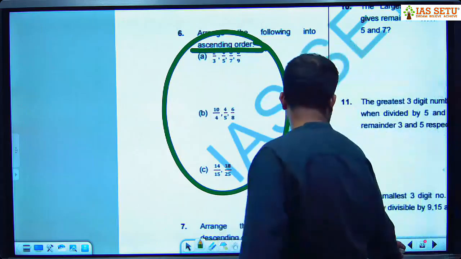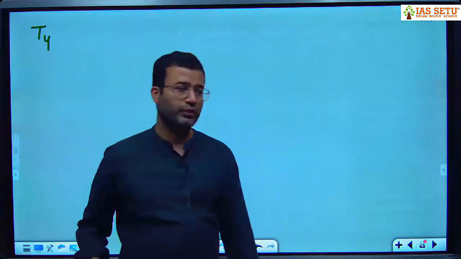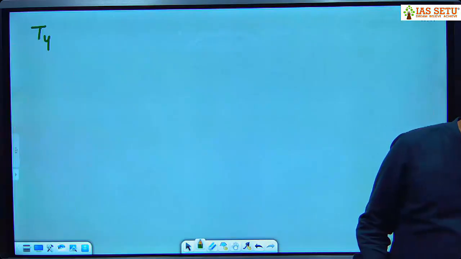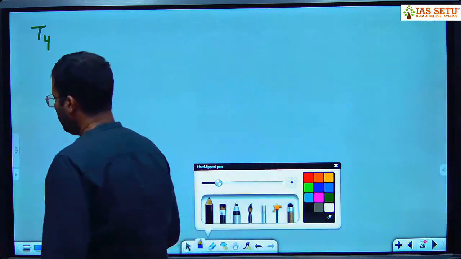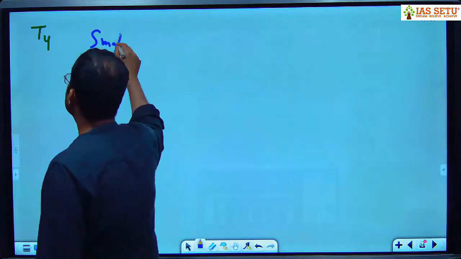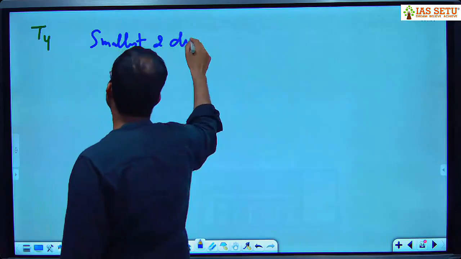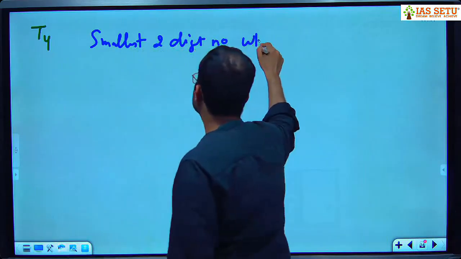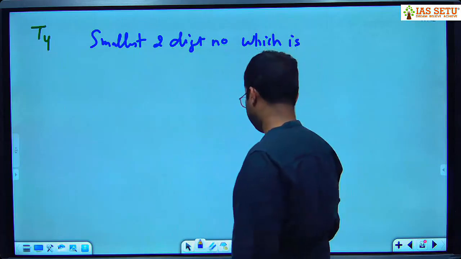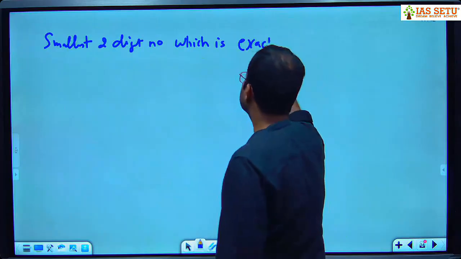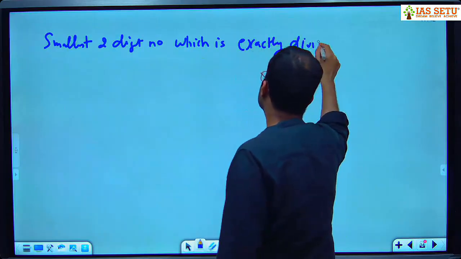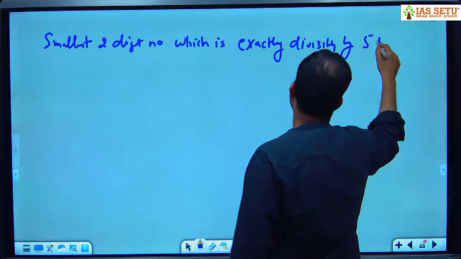So next is type 4. You write type 4. Okay. So now I start our main type, which is generally asked in exams. My question to you, can you tell me the smallest 2-digit number which is exactly divisible by 5 and 7?